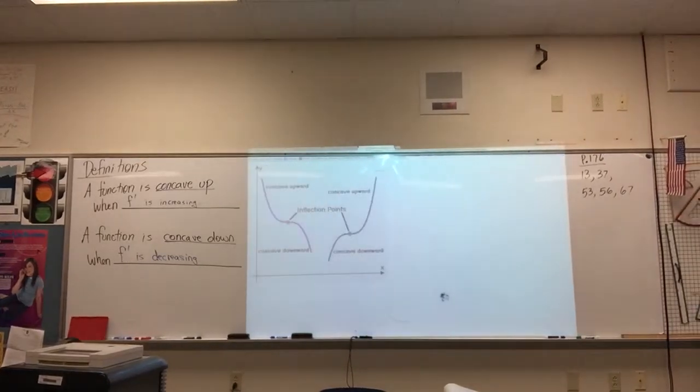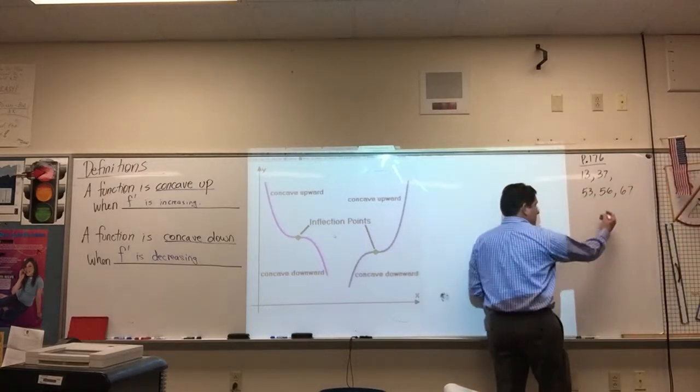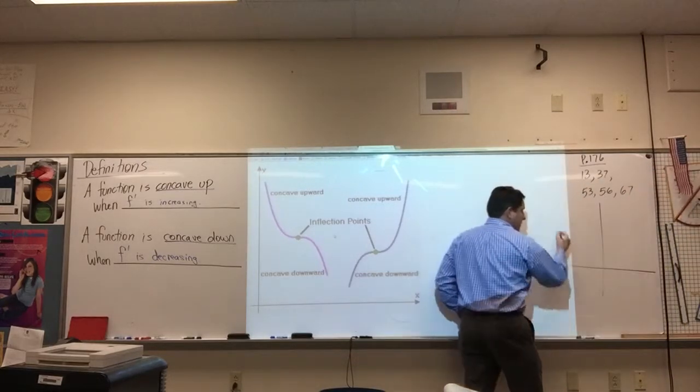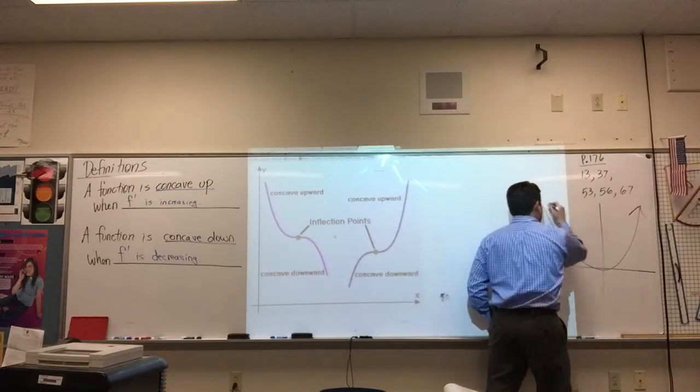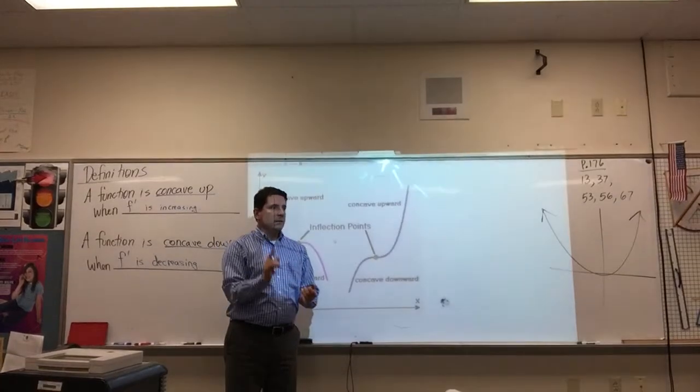So with something just like a base x squared, would it be just concave up and that's it? Absolutely. No increase, no decrease? Everybody hear that question? A function y equals x squared. That function is always concave up.